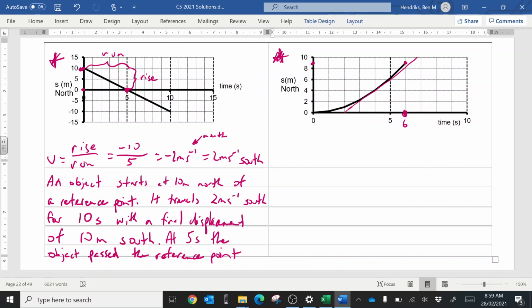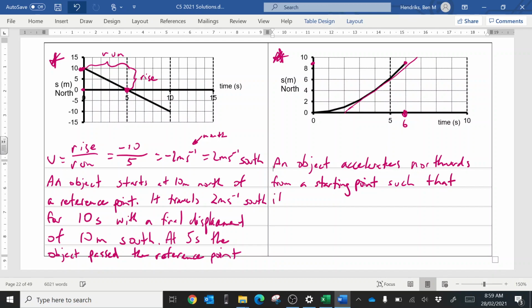So what we can say is an object accelerates northwards from a starting point such that its final displacement is 9 meters after 6 seconds. Okay, that's all we really need to say about that one.